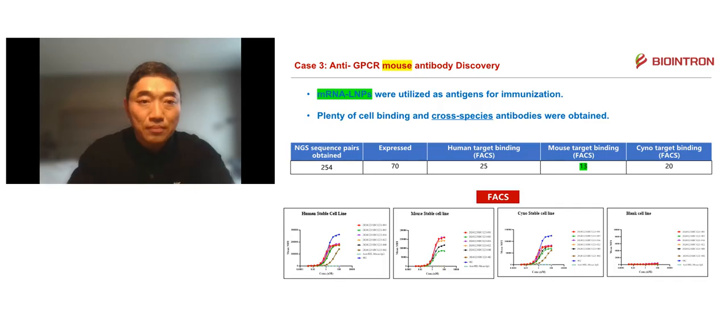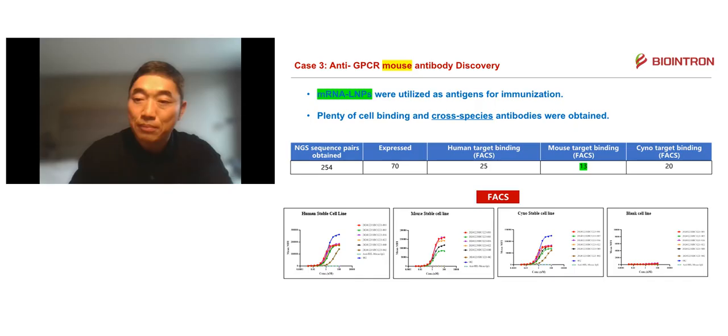So for this target, finally we got 254 paired sequences, and we chose 70 of them to express. From these 70, we got 25 human cell-based binders, and among these 25, 20 are cyno target binders.